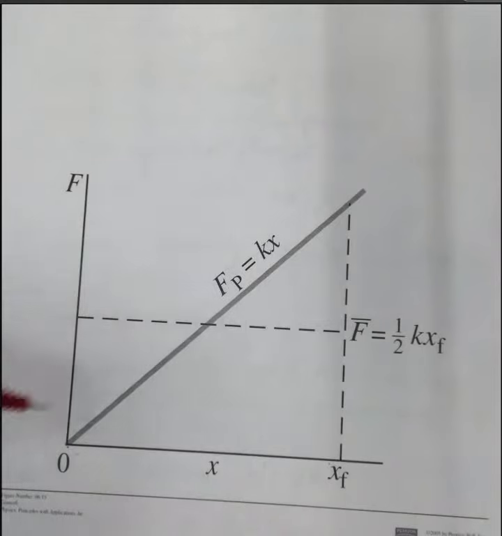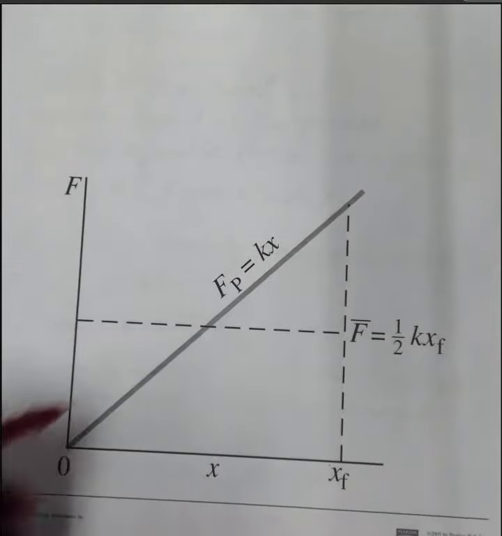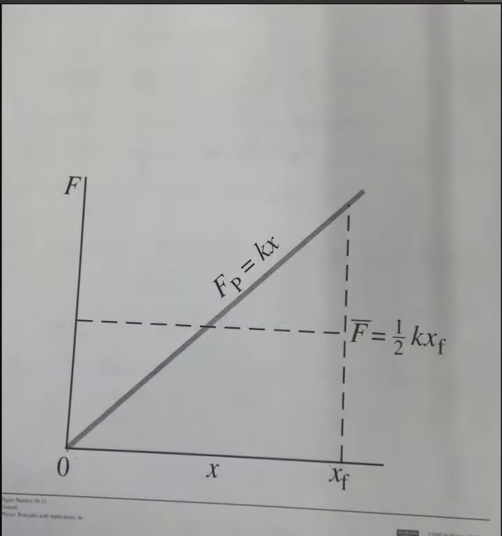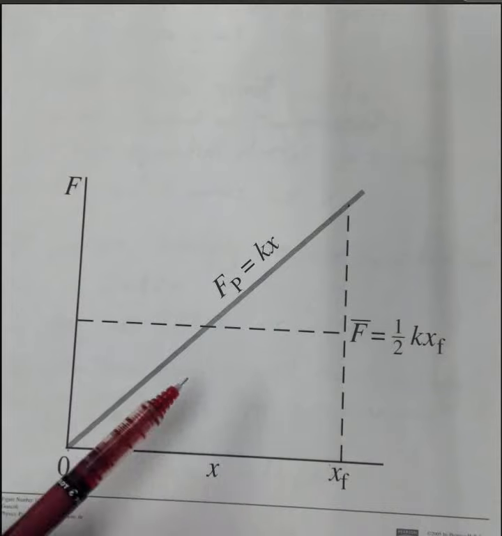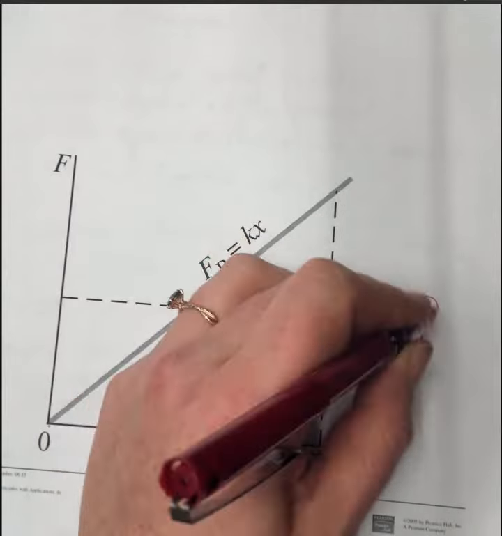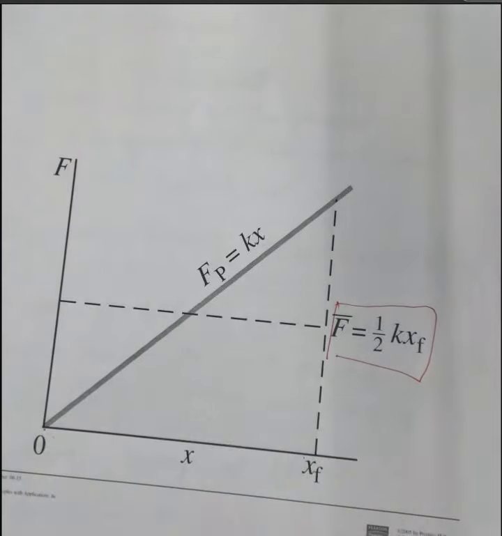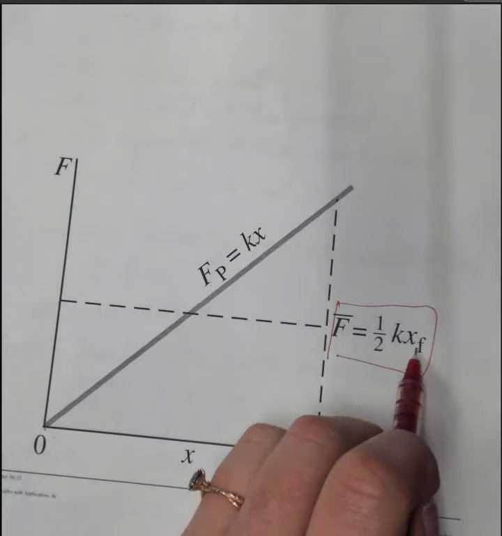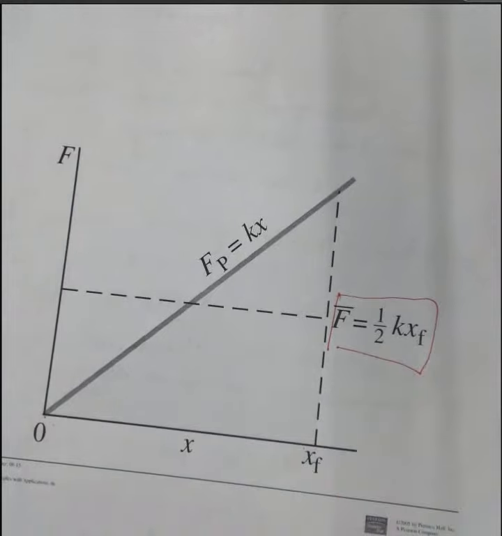And so if we want to know the work done, this is a non-constant force, so we could find the area under the curve. Here, because it's linear, the area under the curve is going to be base times height divided by 2, or the average force is going to be half of the force required at the final stretch.